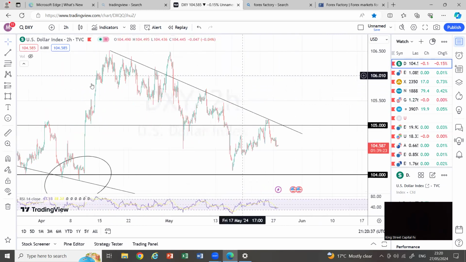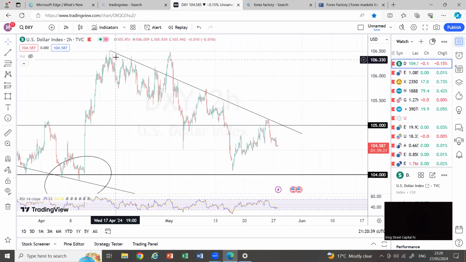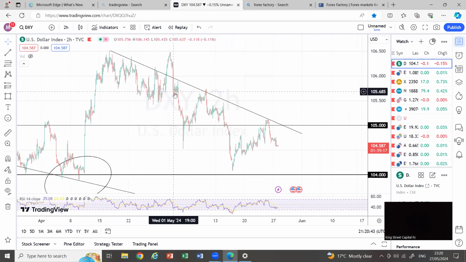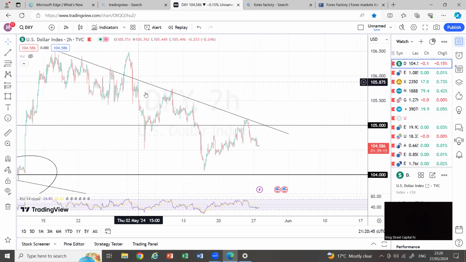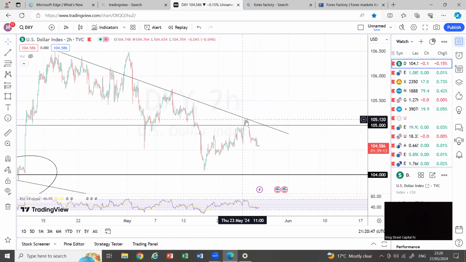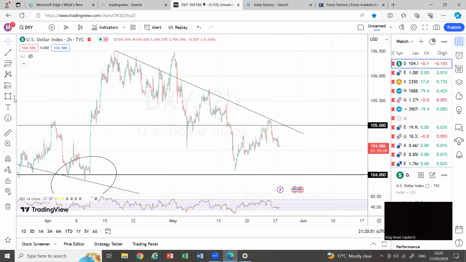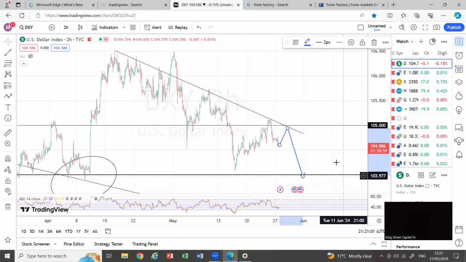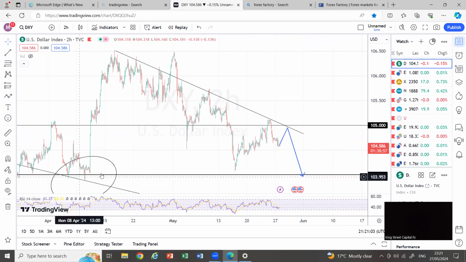You can see this trend line has been respected a few times, broken out, broken back in, respected, respected, respected. So if we do see price following that trend line path, you can see another push, and if we hit this zone, we can see this level being reached, which is 104.